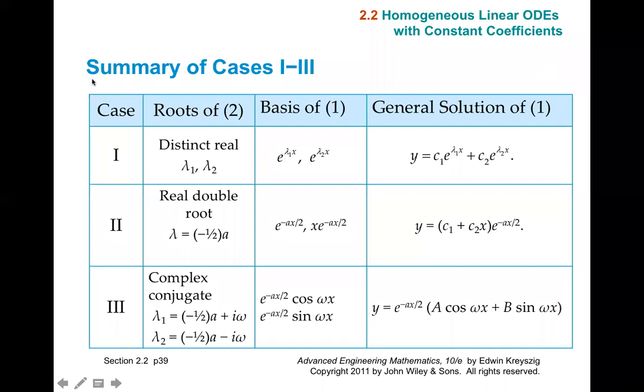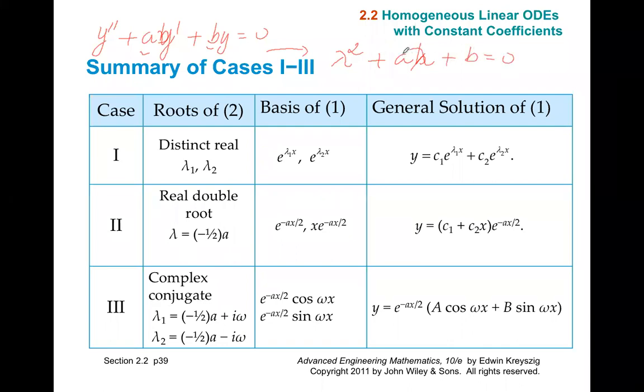So we will summarize section number 2. If we have the second order equation represented by this form with constant coefficients, y'' plus a y' plus b y equal to 0, with constants a and b, first we have to find the characteristic equation, lambda squared plus a lambda plus b equal to 0.